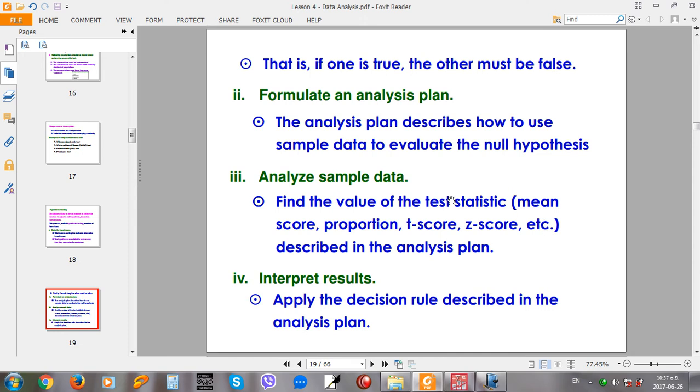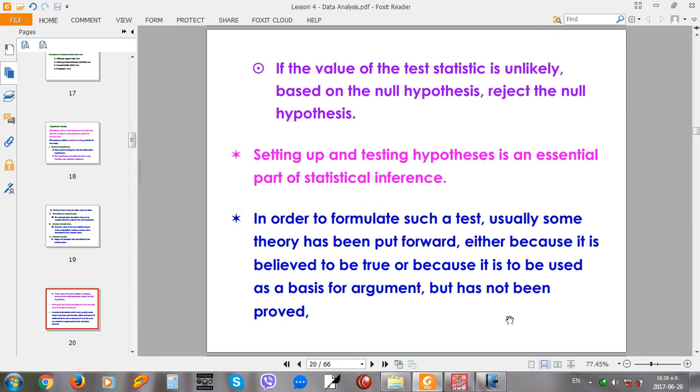Finally, we have to interpret the results: after getting them, apply the decision rule described in the analysis plan. These are the things we do in hypothesis testing.